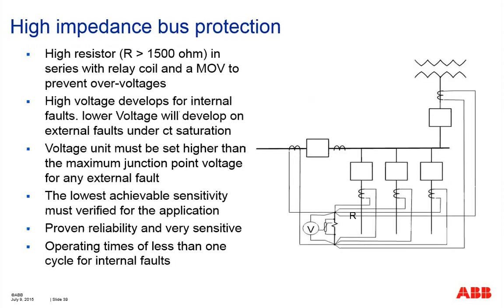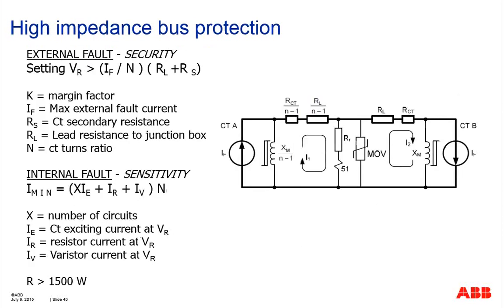But in general, the calculation is very straightforward. Your relay setting must be higher than this maximum voltage that can be imposed on the relay winding during an external fault when the CT is saturated.